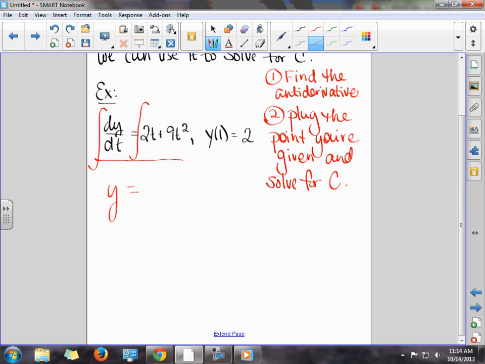The integral of dy dt is just y. Then for the integral of 2t plus 9t squared, I'm going to use the power rule. This is going to be 2 divided by, the exponent on t is 1, so 1 plus 1, t squared, plus 9 divided by 2 plus 1, t to the 2 plus 1, plus c.